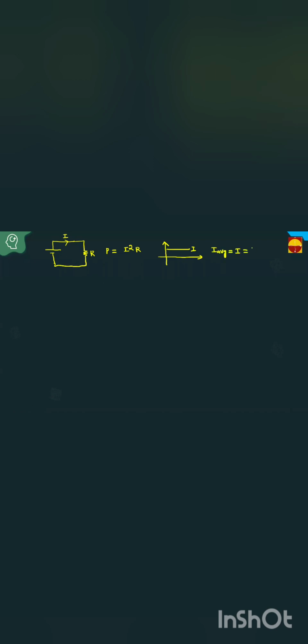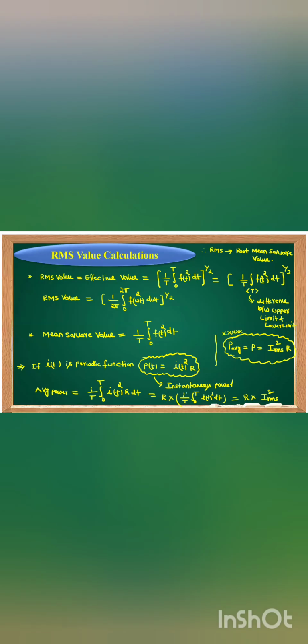I. What is the RMS of this also? I. That's why if any constant DC current is given, then it is I square R. For any periodic waveform, it is I RMS square into R. For a constant current, I square into R, where I is the constant current, which is equal to the average value.